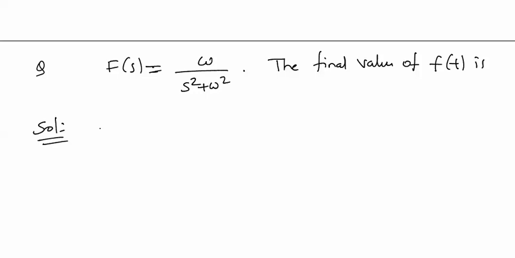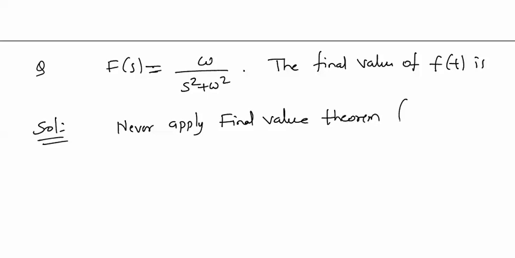So the final value can be calculated by, so now in this case, if you observe this, this is sine. F of s is omega by s square plus omega square, and if you take its inverse Laplace, you will get sine omega t. And for sine and cos terms, you can never apply the final value theorem, because they oscillate and they maintain their value.